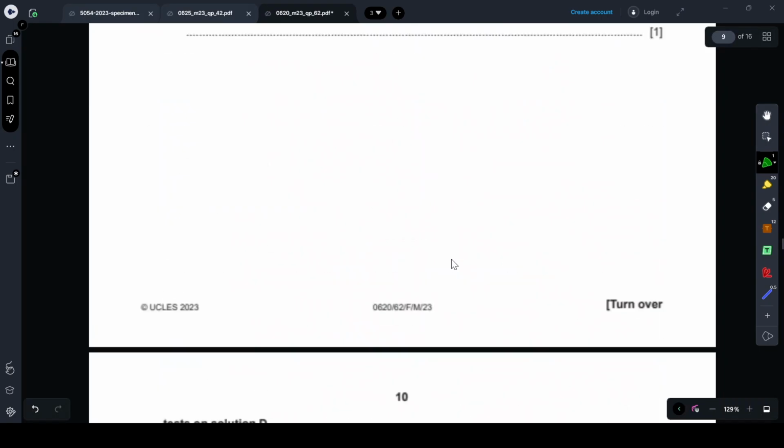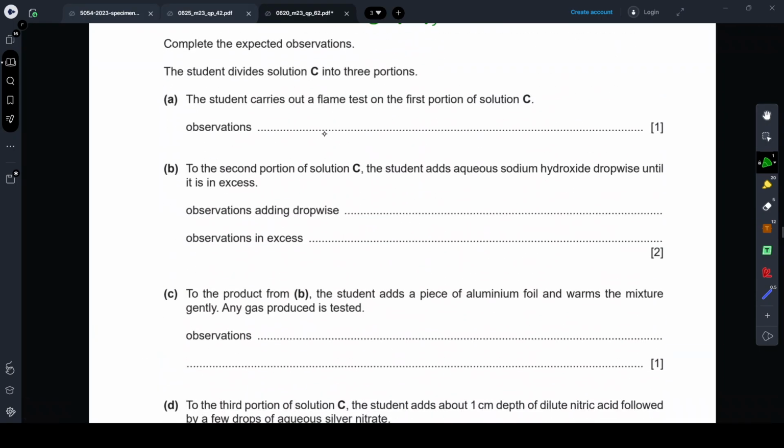To the second portion of solution C, the student adds aqueous sodium hydroxide dropwise until it is in excess. So what is the effect? Using aqueous sodium hydroxide and aqueous ammonia is to test for the presence of cations, not anions, and we know it's calcium.